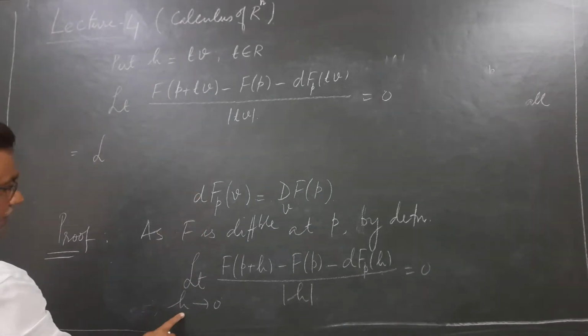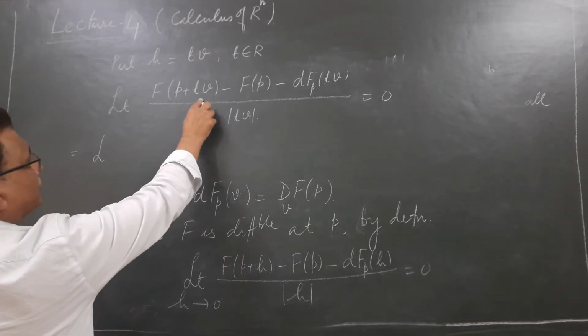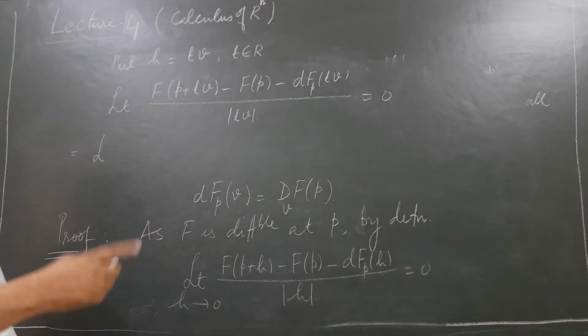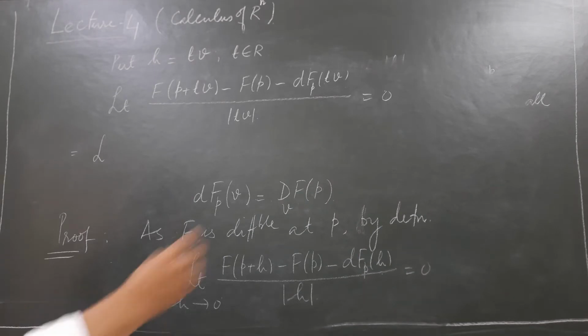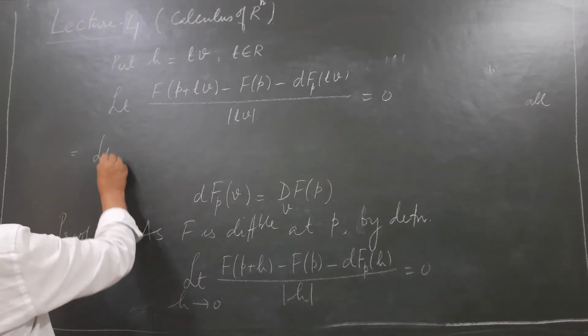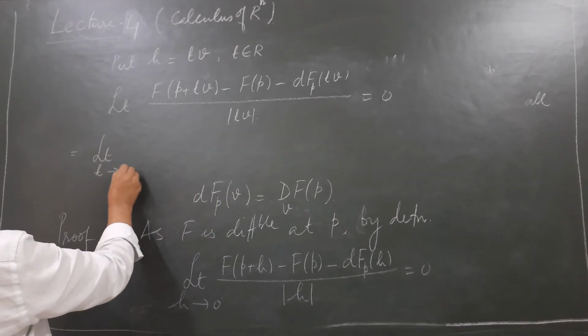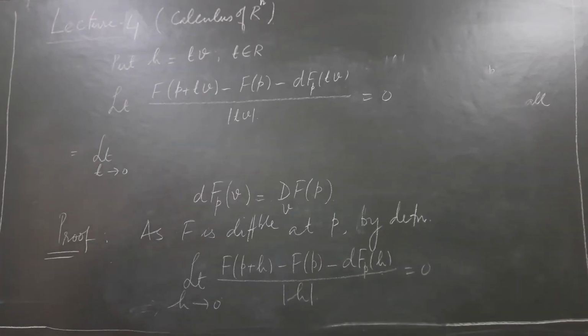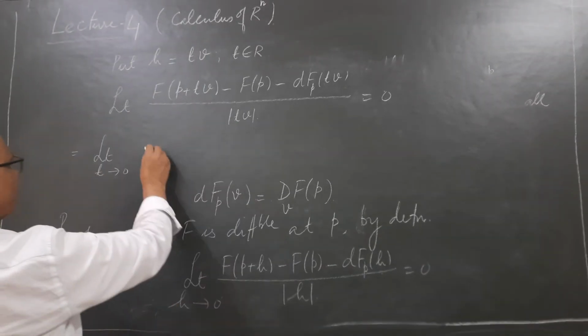Since h tends to 0, tv will tend to 0 when t tends to 0. So v is fixed, t is varying, so you can change. So the limit, I can replace it, and I can bring this modulus of v out.